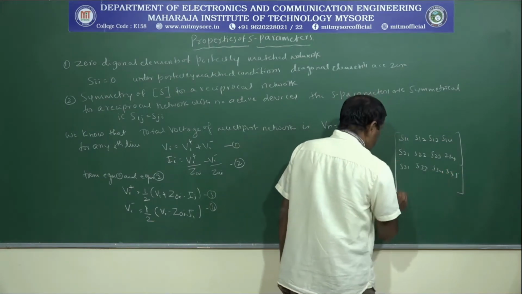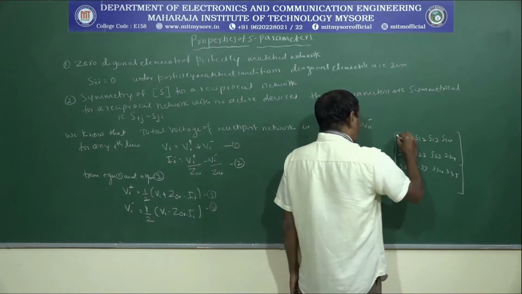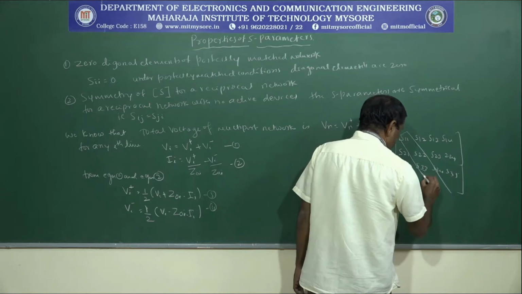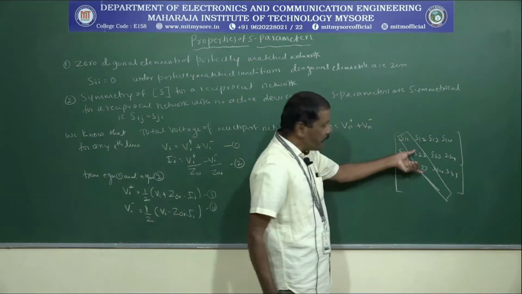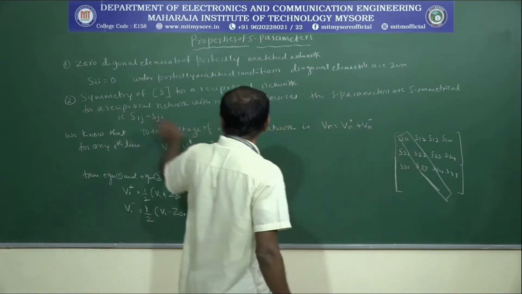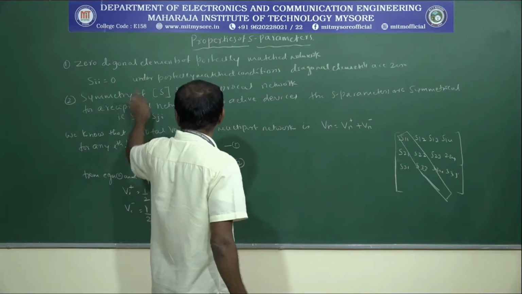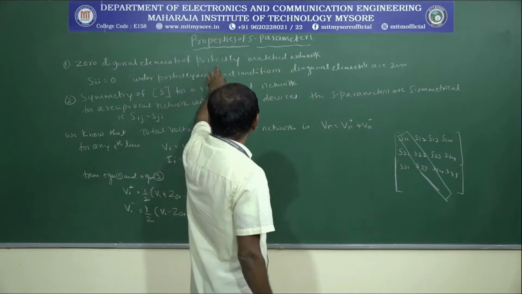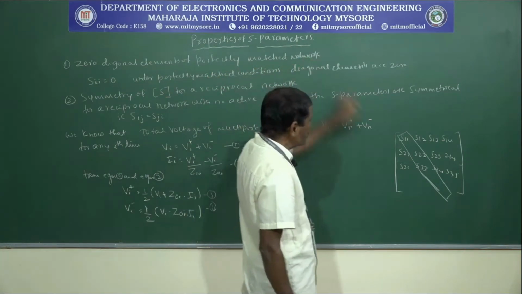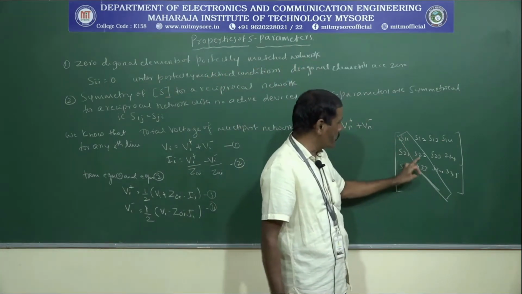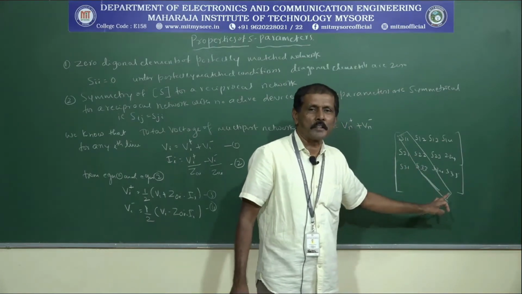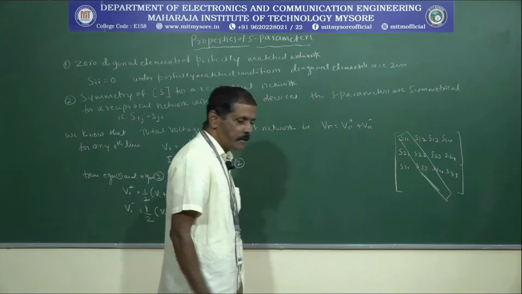This will continue, but here you can closely observe that these diagonal elements values are going to be 0. The meaning of zero diagonal elements of a perfectly matched network is that all these diagonal elements, that is S11, S22, S33, S44, S55, those values are 0.